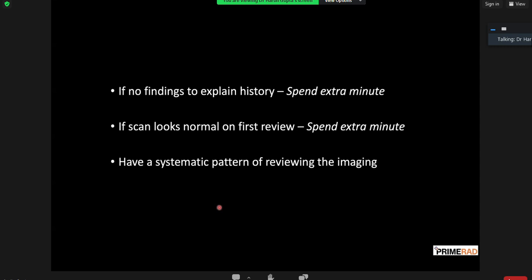The next thing is, if the scan looks normal to me on the first review, I spend a couple of extra minutes looking at the whole scan before I sign it off. And we need to have a systematic pattern of reviewing the imaging. It doesn't matter how you review it. Everybody has their own ways of reviewing scans, or they have their own template, but it's important that you review everything in that particular MR imaging.